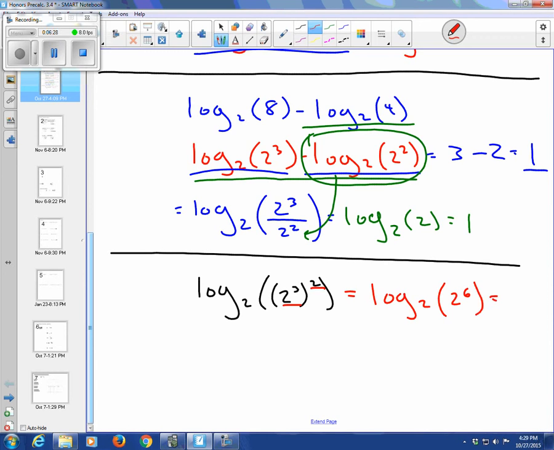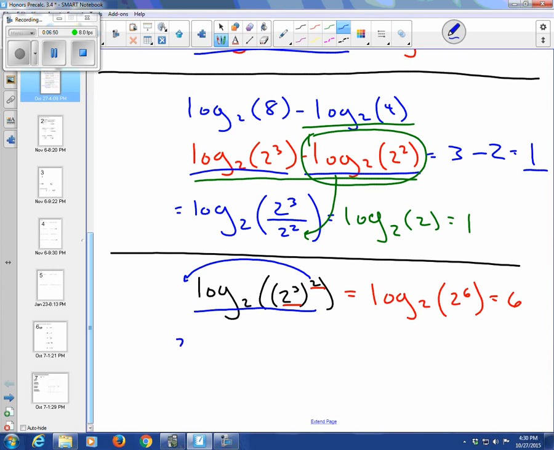Which we could then evaluate as basically the exponent that I need to raise 2 to in order to get the 6th power, which would be 6, right? Right here, what we can recognize, though, is if we have an exponent inside a logarithm, we could also represent that multiplication out in front of the logarithm, since the logarithm itself is an exponent, right?